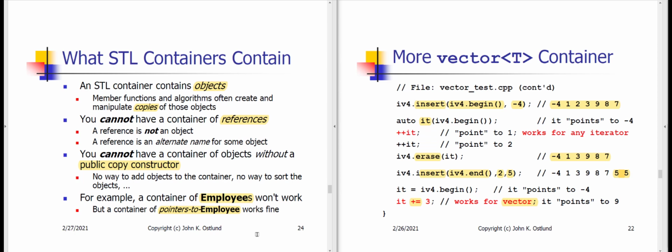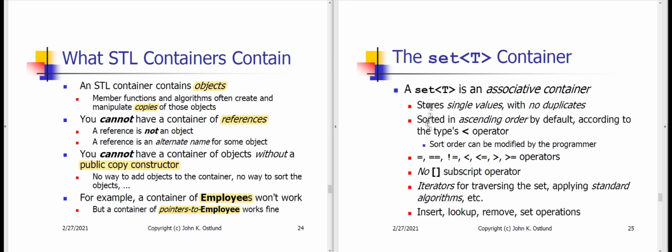Okay? So if we want to store non-copyable things into containers in some fashion, we do that by storing pointers to those things. We cannot do that by using references to those things. All right, so that's a couple of picky limitations to be aware of about what you can store in containers like vectors and sets and lists.